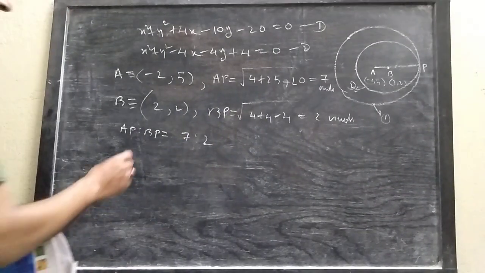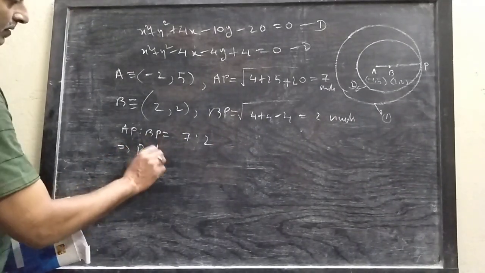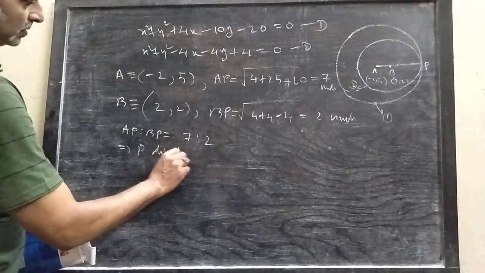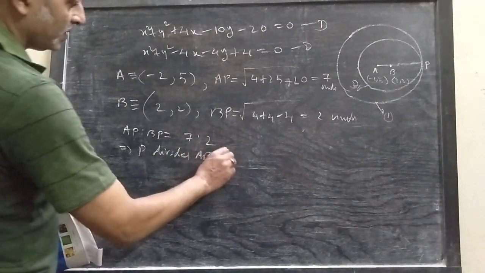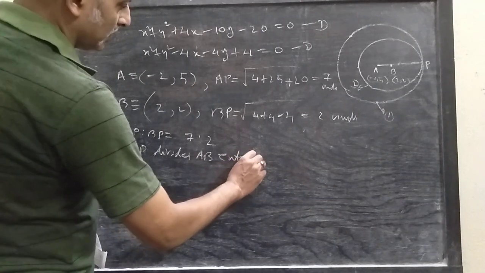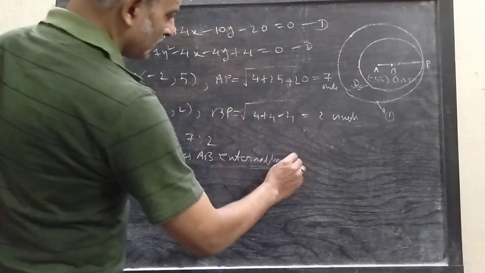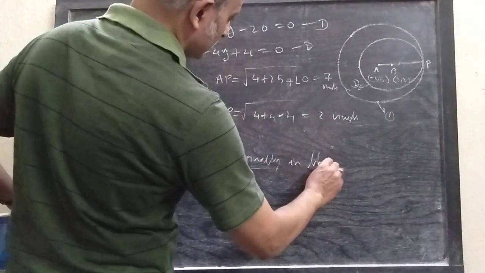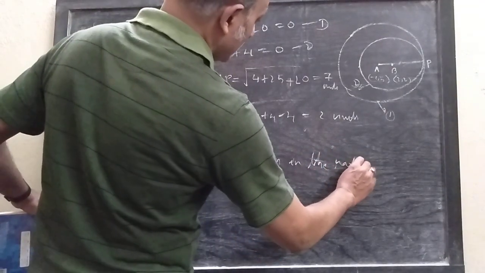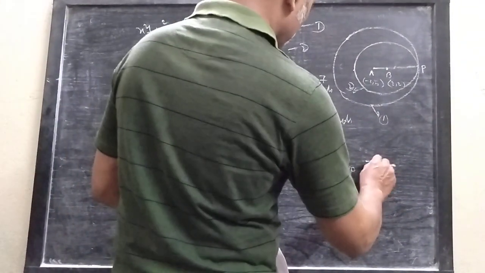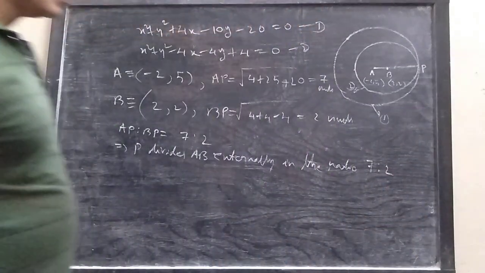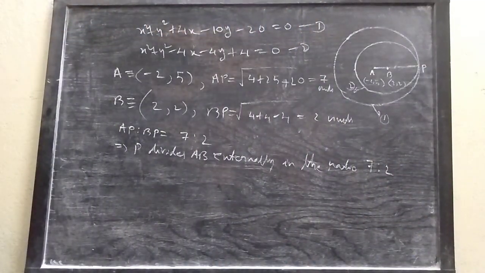So from this we can say P divides AB externally in the ratio 7:2. So from this fact we can find the coordinates of P.